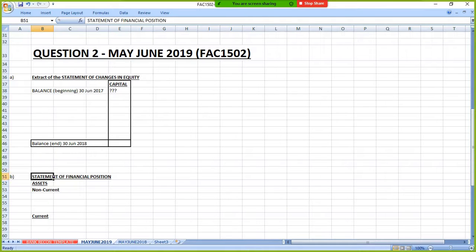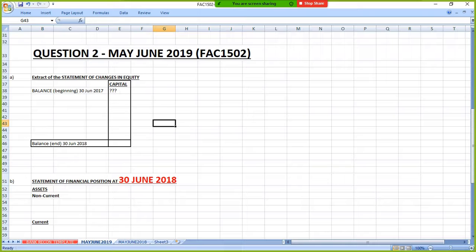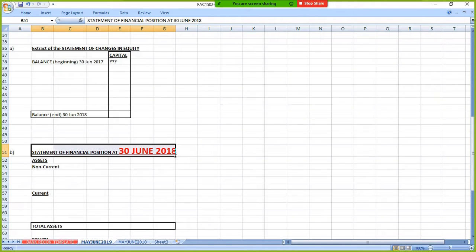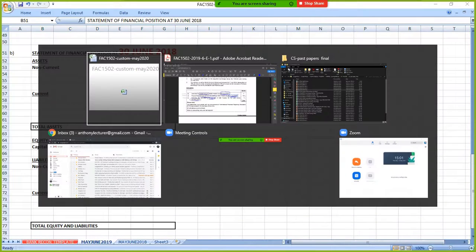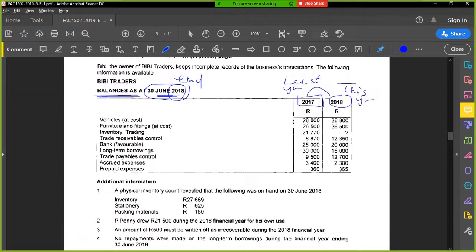So let's just put that date just so it's very clear. Okay, the dates are so important. Okay, that's at 30 June 2018. Right, so let's get all our easy marks. Okay, let's see what we've got. Vehicles.